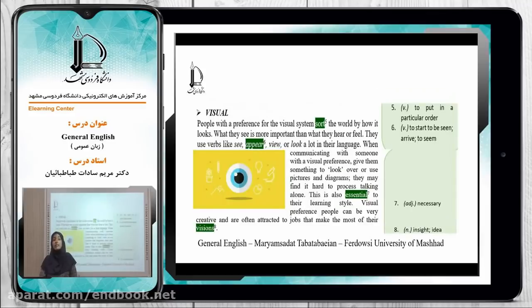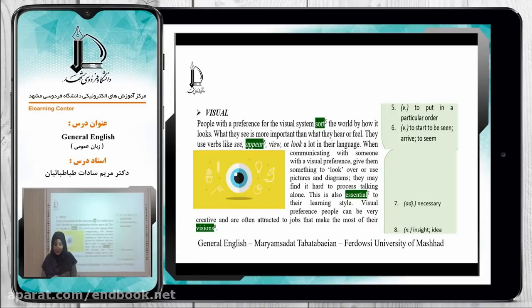The first one is visual. It talks about people whose preferred system is the visual system. It says, they sort the world by how it looks. They understand it through what they see.